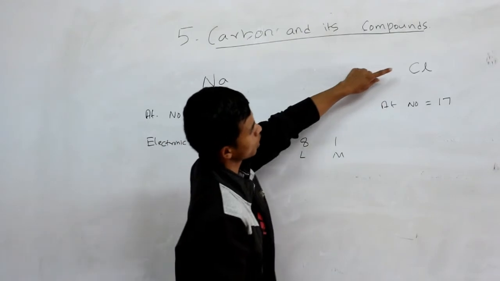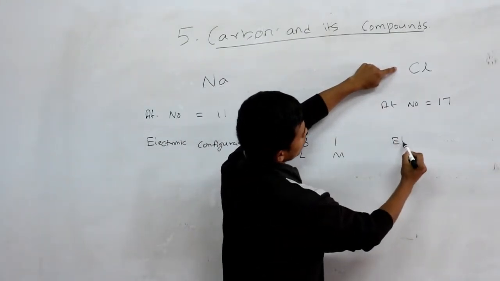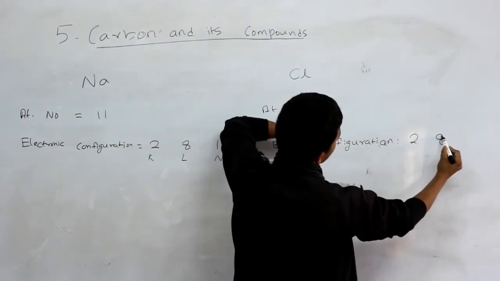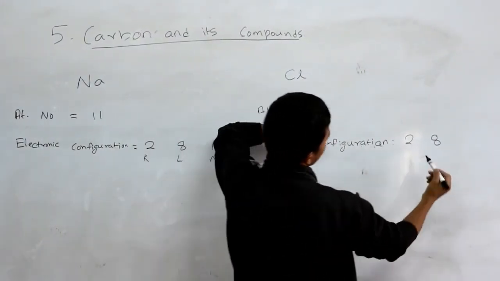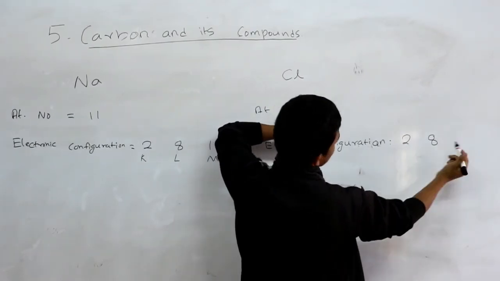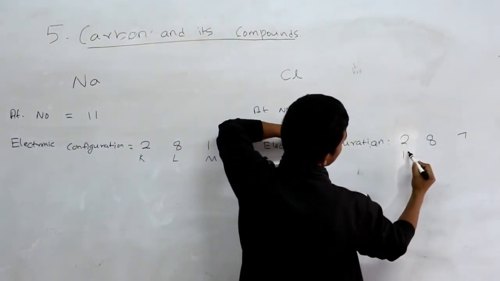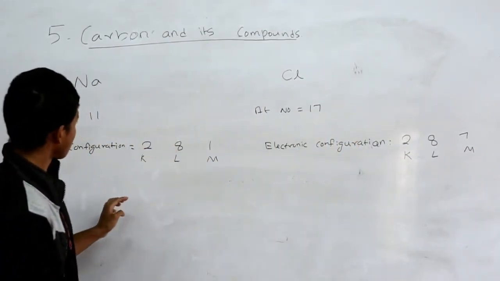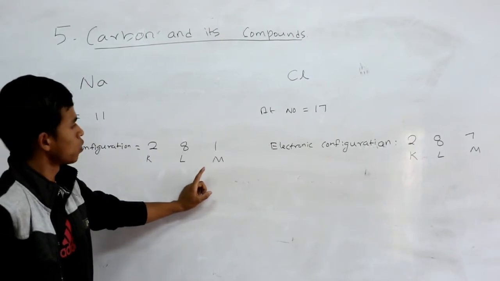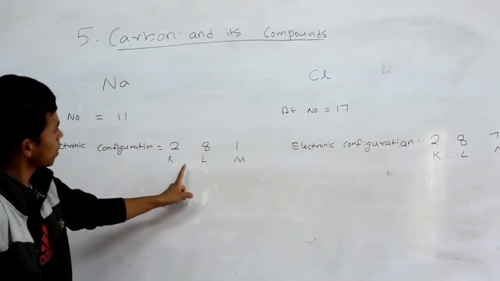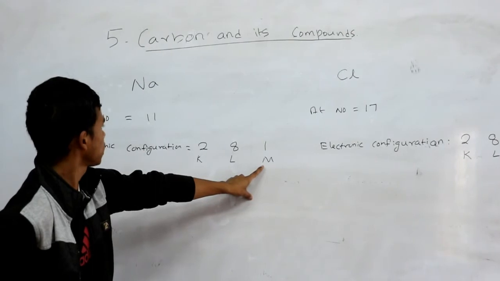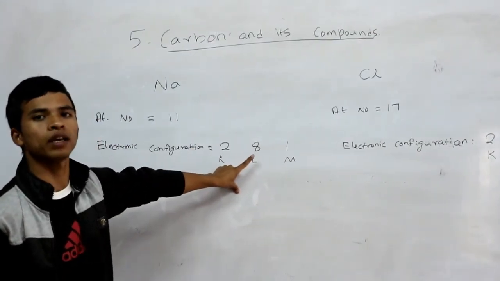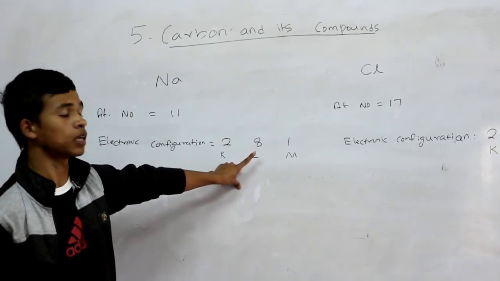In the case of chlorine, the electronic configuration would be 2, 8, following the same pattern, which makes 10, and then 7 more to make 17, in the K, L, and M shells. By the duplet and octet rule, for the sodium atom to be stable, it must have the electronic configuration of a noble gas element.